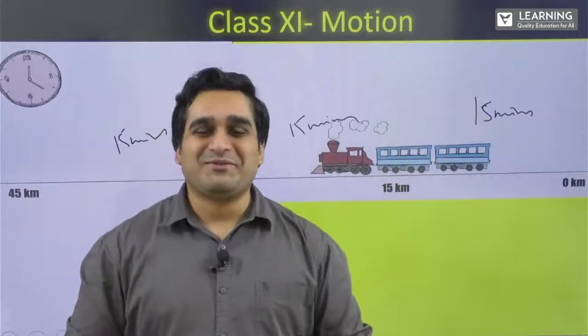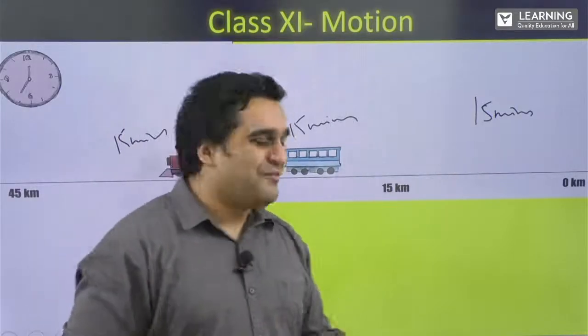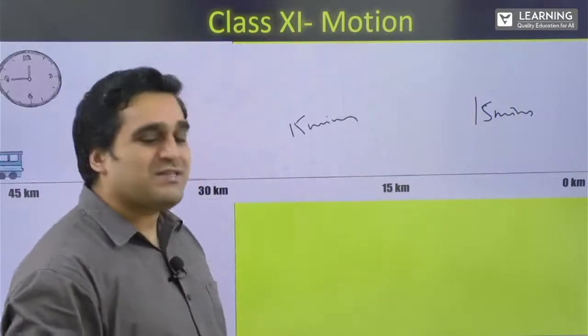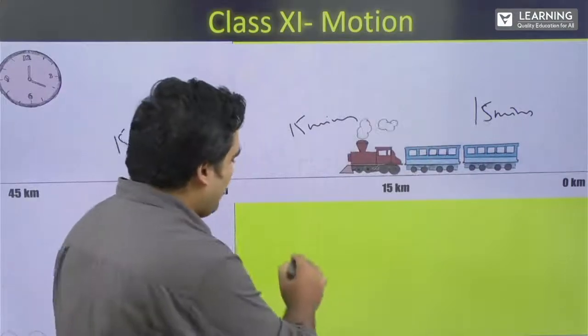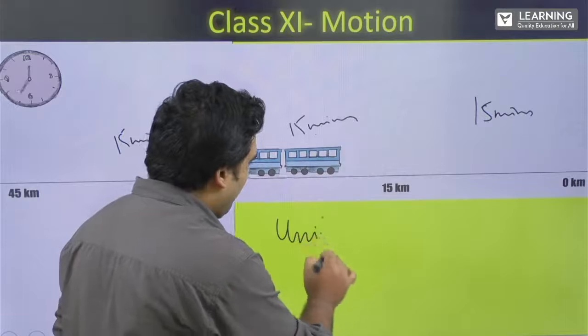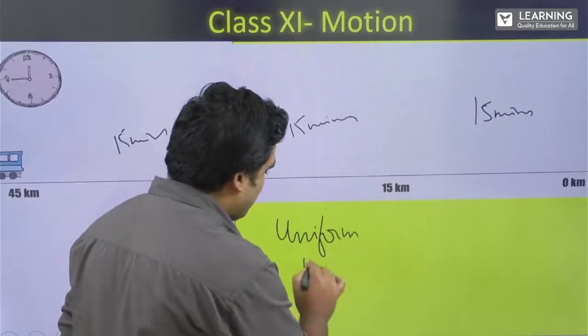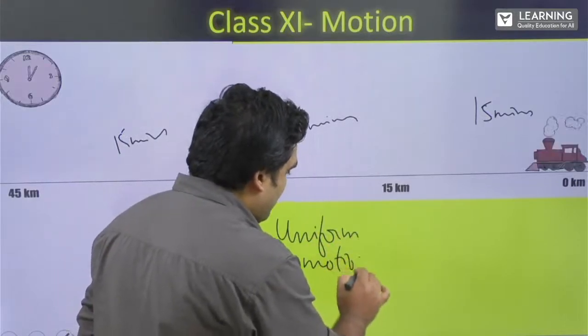Welcome back, dear students. So we left off at this train which is executing a uniform motion. Now let us try to define what uniform motion is.